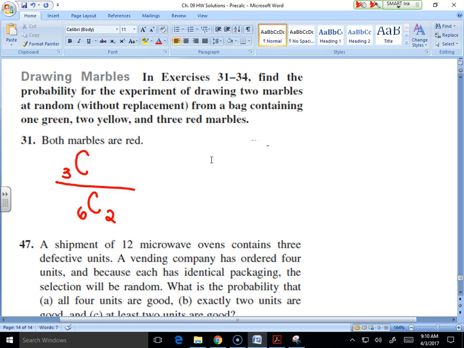You gotta look at the restriction from the beginning. We have 3 total red marbles. Now, how many are we choosing? 2. So how many different ways can we get 2 red marbles, out of how many different ways can we just get 2 marbles at all? Does that make sense? Caleb, does that match up with what it's supposed to be? I think so. It's supposed to be 1 fifth. I think that'd be right.